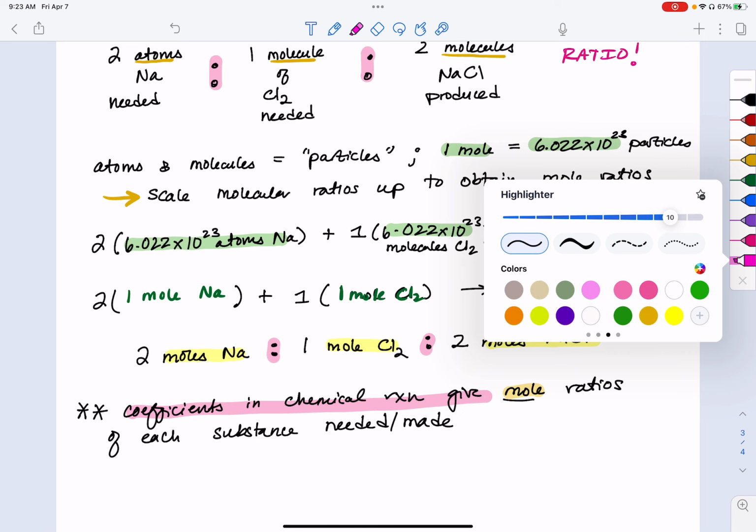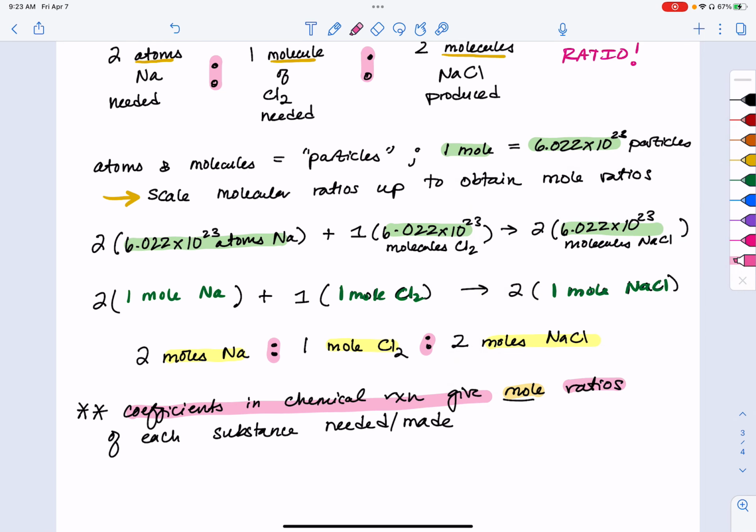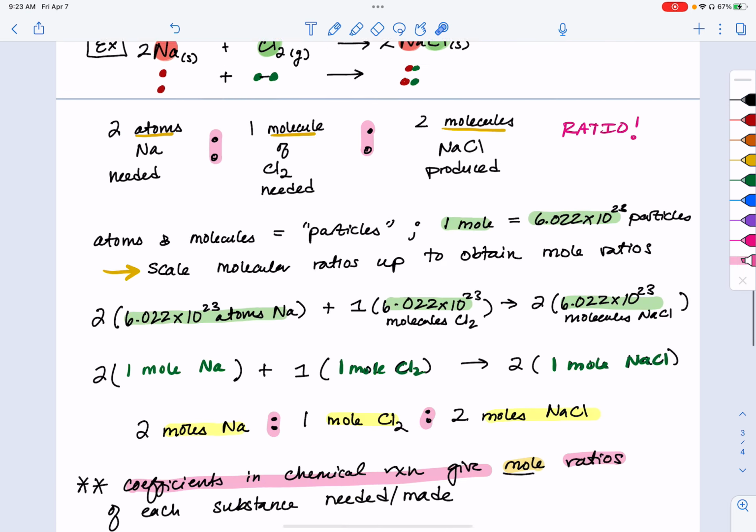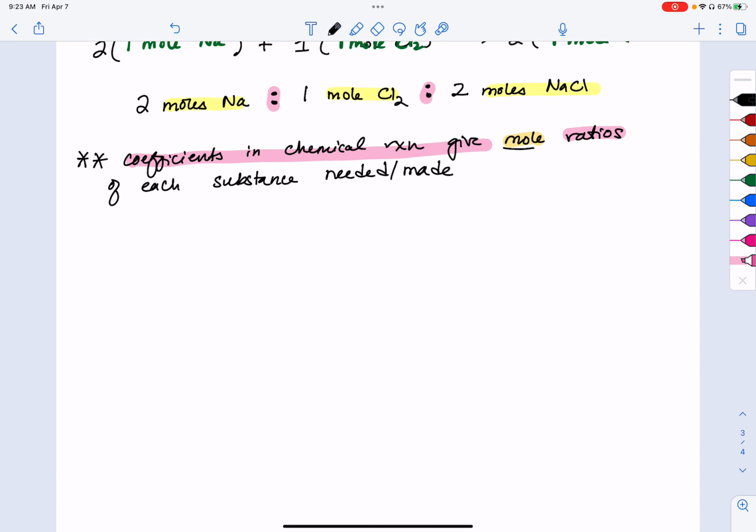Now, in the earlier section of the notes here, I called this our recipe. So what is it that makes this the recipe?